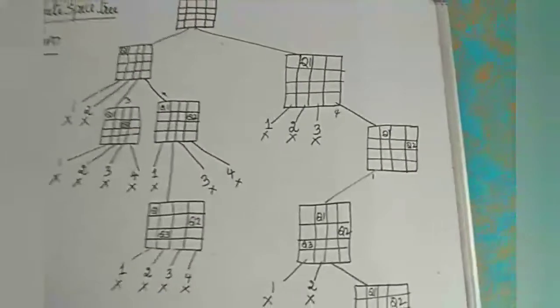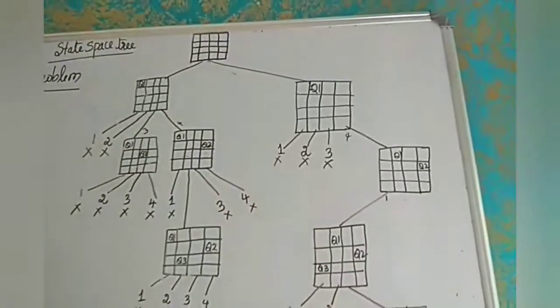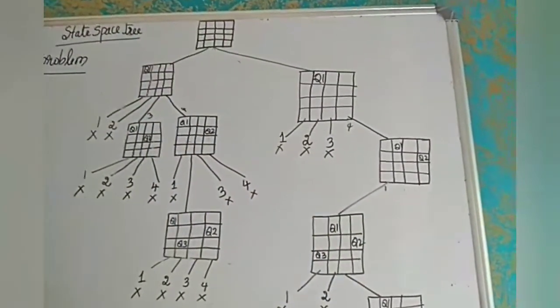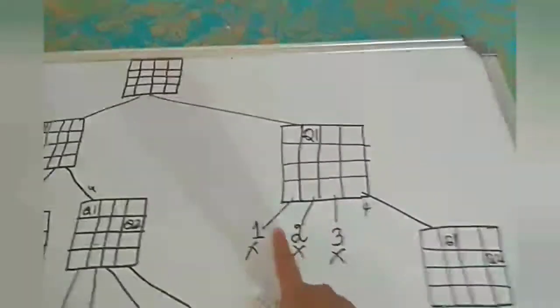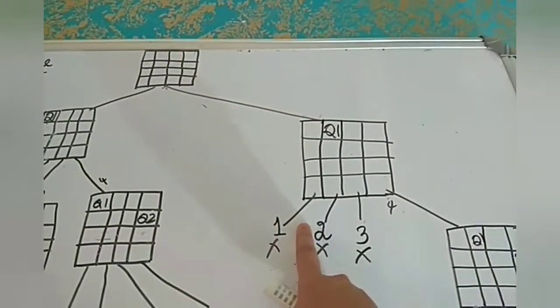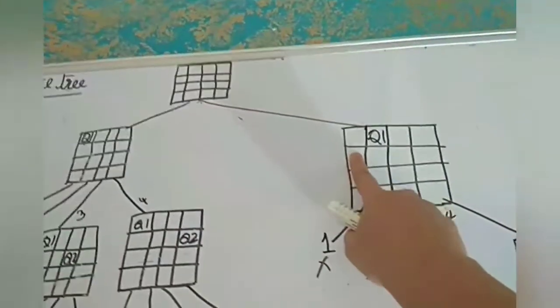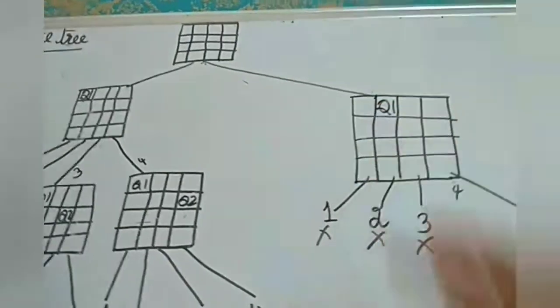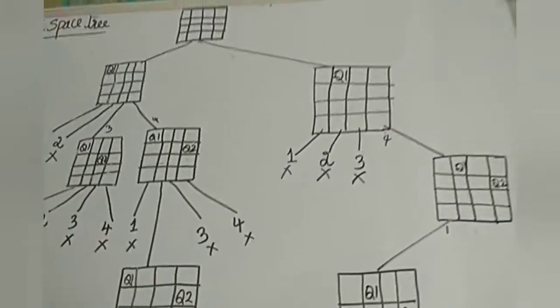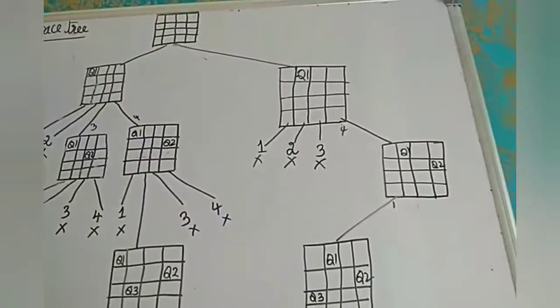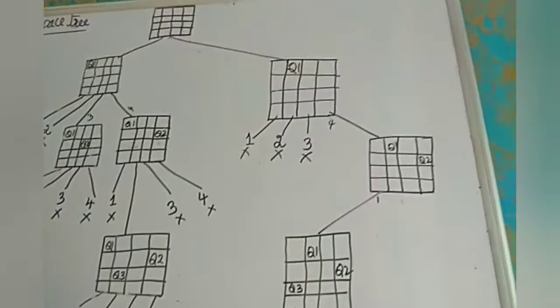So now in order to find the place of the second queen, let us check each of the columns, whether we can place it in the first column. So first column we cannot place, because if you are placing it here, then it is diagonal with the Q1, so it is not possible. Check with the 2 also, it is not possible, it is the same column as that of the first queen.